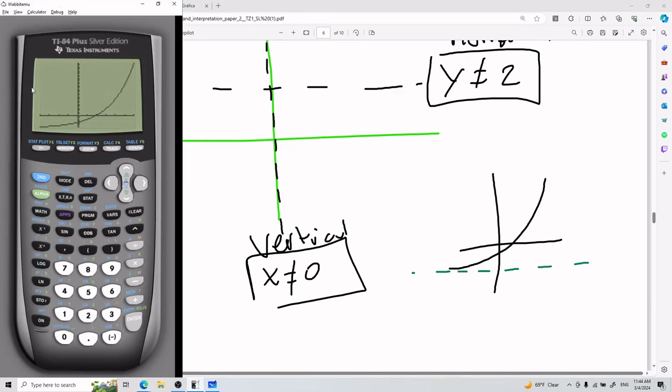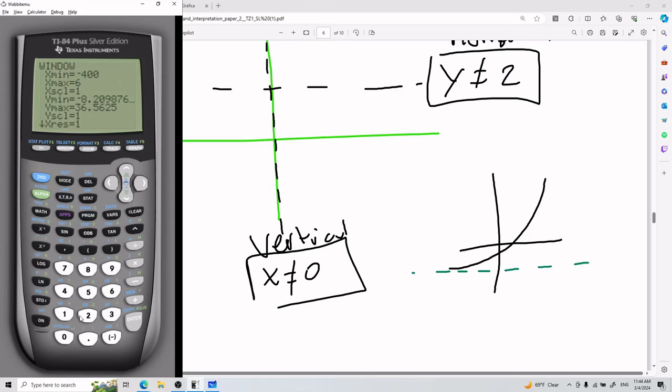The thing is, right now I don't see it, right? So what I can do is zoom out a lot. You can either press zoom, zoom out, or you can just change the window. I'm just going to change the window, to each their own. So I'm going to be very exaggerated so I can see the answer right away. So negative 400, we're going to leave the same x max.